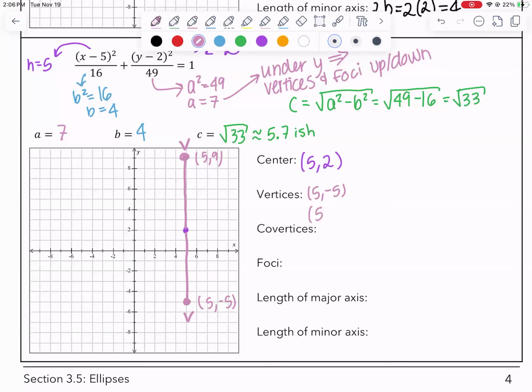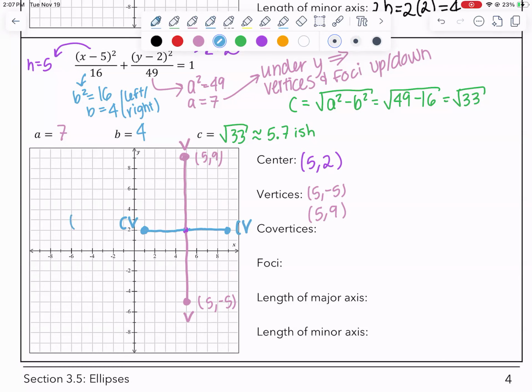The co-vertices are left and right of the center. So we are going 4 units to the left, 1, 2, 3, 4, and then to the right. So that's a co-vertex. 1, 2, 3, 4 units to the right, another co-vertex.